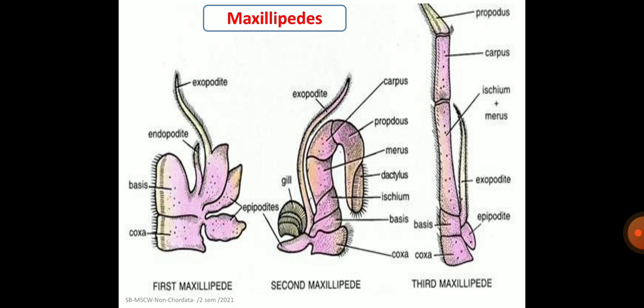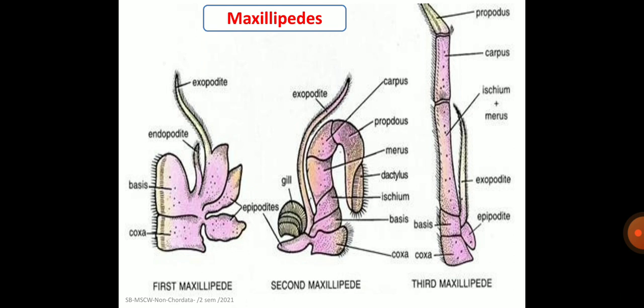The third maxillipede is also clearly seen here. They look leg-like in appearance and have the same parts as the second maxillipedes. The outer border of the coxa bears an epipodite, while the basis bears a long, slender and unsegmented exopodite with setae and a 3-jointed endopodite.